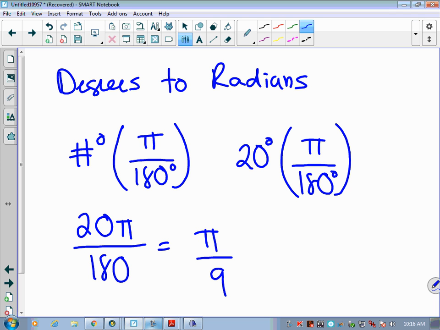So the radian form of 20 degrees is pi over 9. Does that make sense? Okay, so you want to be able to go back to this slide and do that same thing, and we can do that with any degrees. Now it may be a complicated fraction, it could be a mixed number, an improper fraction, but it's always going to be in terms of pi.